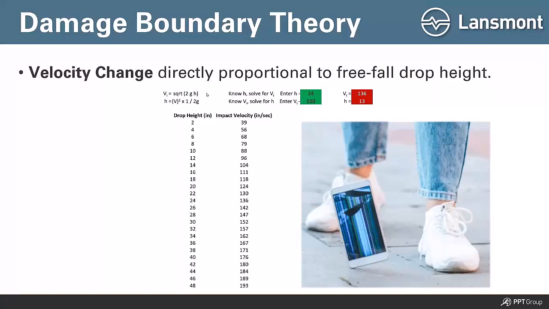We know what that value is. So we can plug numbers into that formula and say, if I drop something from 6 inches, it's going to have an impact velocity of 68 inches per second. If I drop something from 24 inches, it's going to have a velocity change or impact velocity of 136 inches per second.